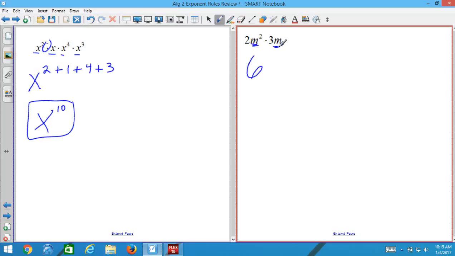What is the exponent on this second m? 1, right? So I'm going to have m to the 2 plus 1. So we get 6m to the 3rd. Do I take 6 times 6 times 6? No, because the 3rd is not on the 6. It's only on the m.